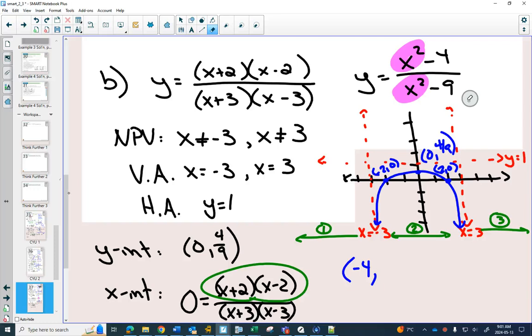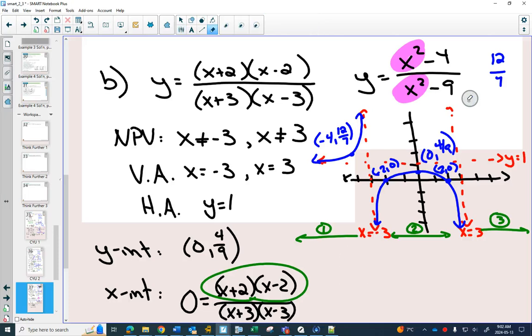Can you see that if you plug in -4, this would be positive 16 minus 4, which is 12, and positive 16 minus 9, which is 7. And so I would have the point (-4, 12/7). Where is that? 12 over 7 is bigger than 1, so that is in this section. And that's enough in this section to go above.